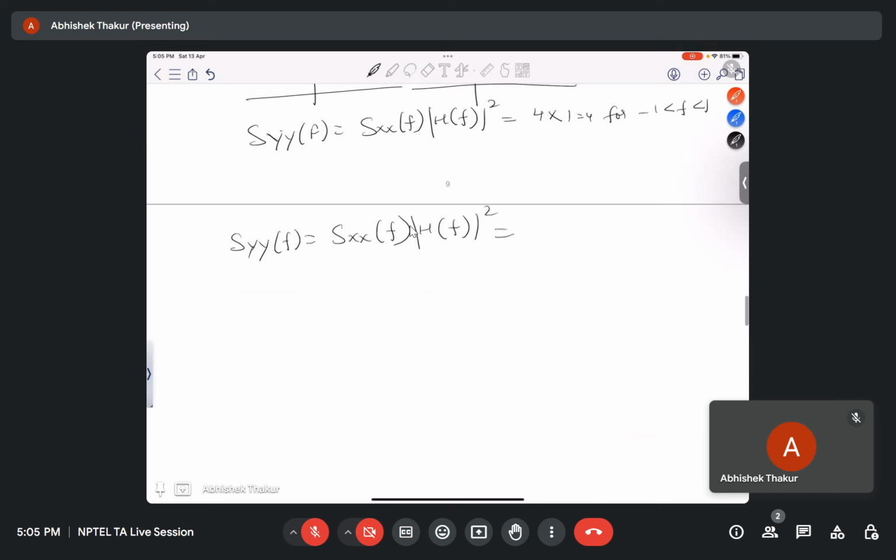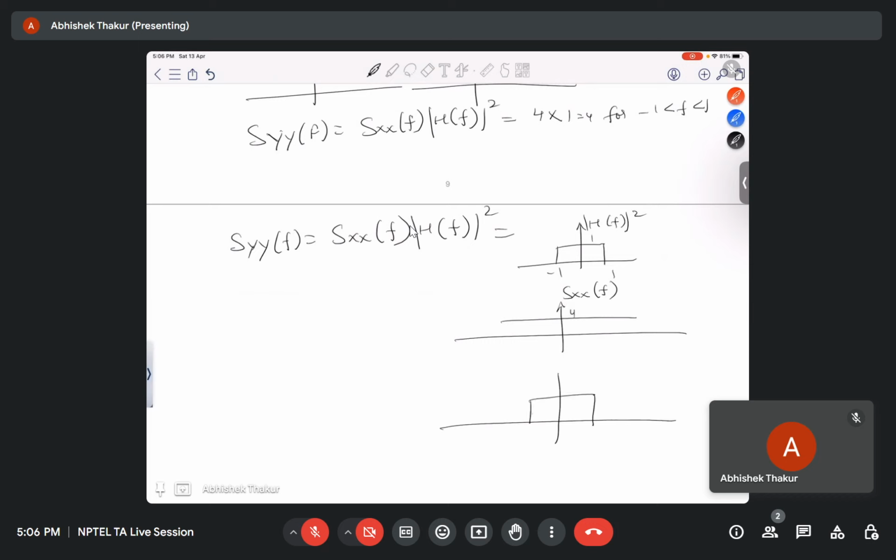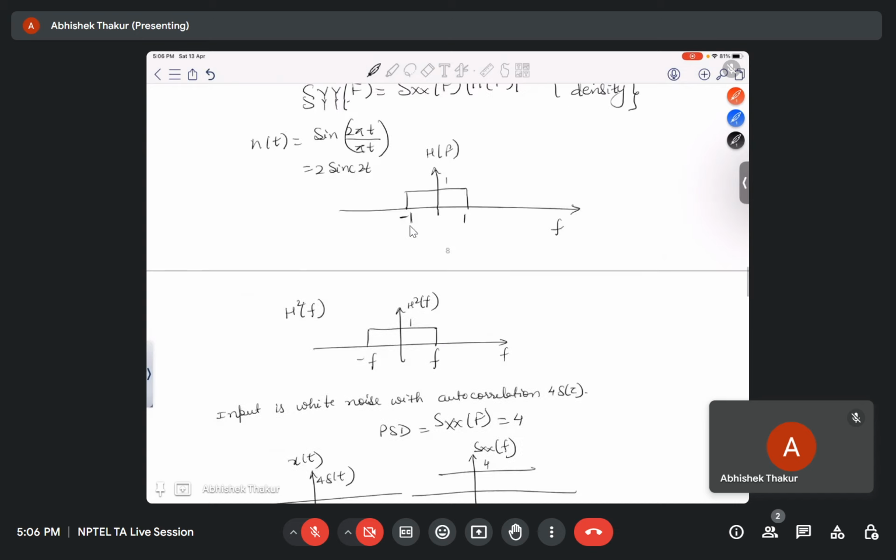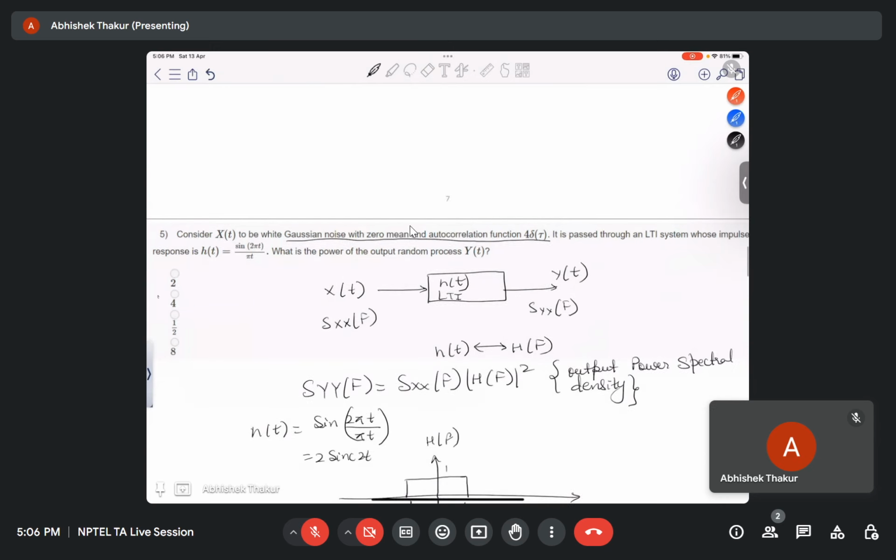This is our |H(f)| squared, and the y-axis value is 4. So our power spectral density of the output is 4 from the value of -1 to 1.